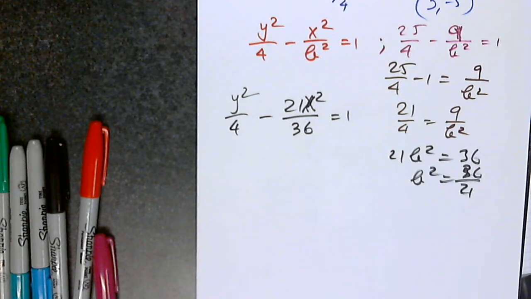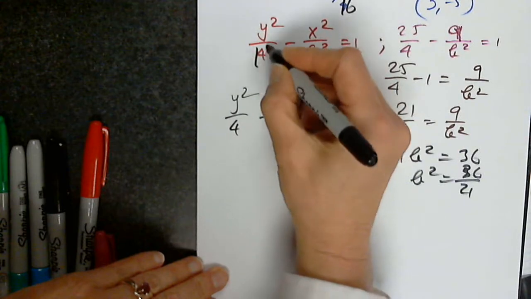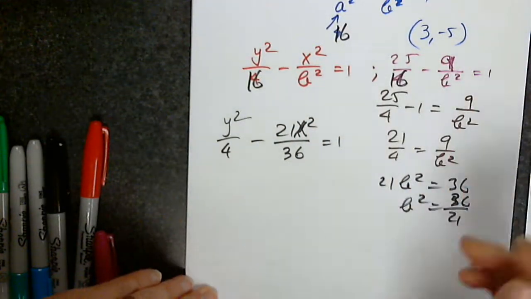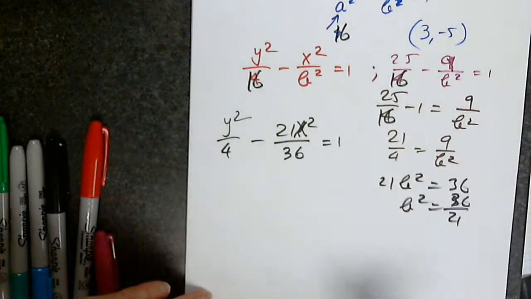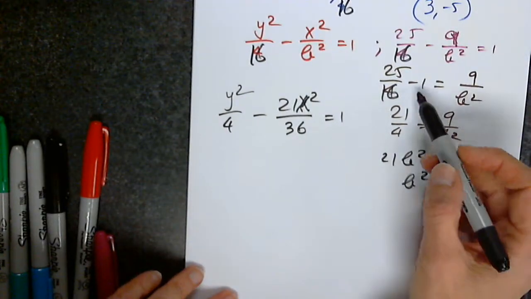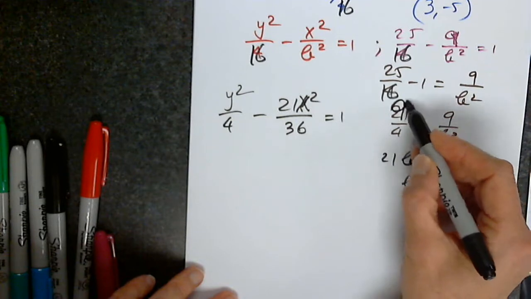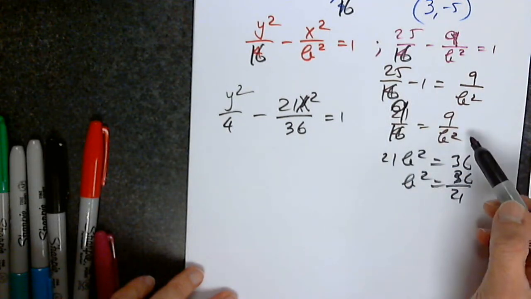So a squared is 4. No, a squared is 2. No, it's 4 squared. Yeah, I didn't square it. Thank you. a is 4, not a squared. I agree. So 25 minus 16 is 9 over 16.